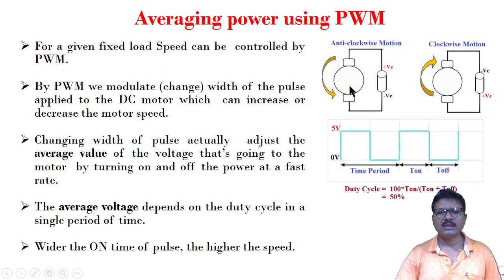Now this is the motor connection, and here in this figure this is the direction control. For a particular direction we want to control the speed. So this is the supply given to the DC motor. If the supply is constant, say 12 volt, then this motor will rotate with a constant speed.